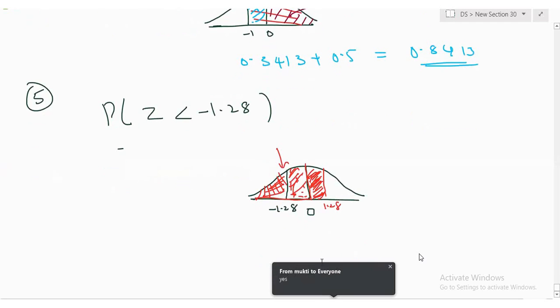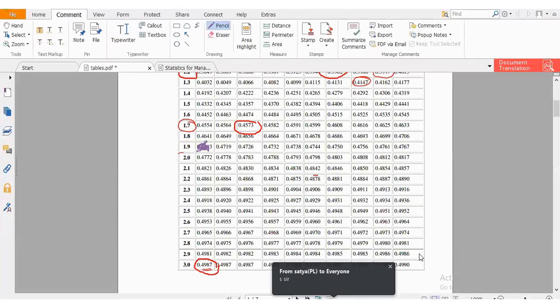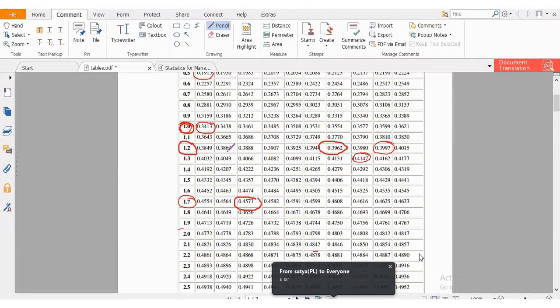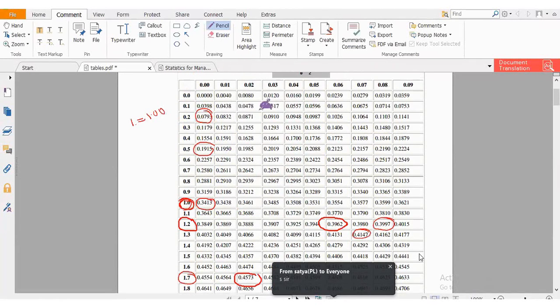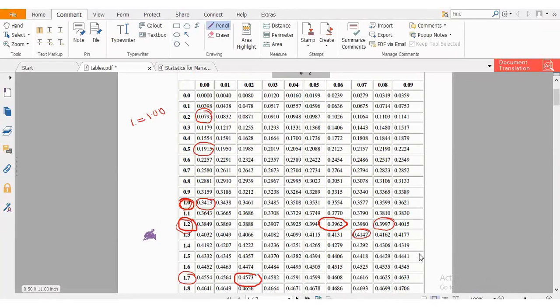Let's do this. Let me solve this problem again. So find out the area from 0 to 1.28 first. Look at the tables. How to look? I get 1.2 maximum here. But what is the value I want? 1.28.